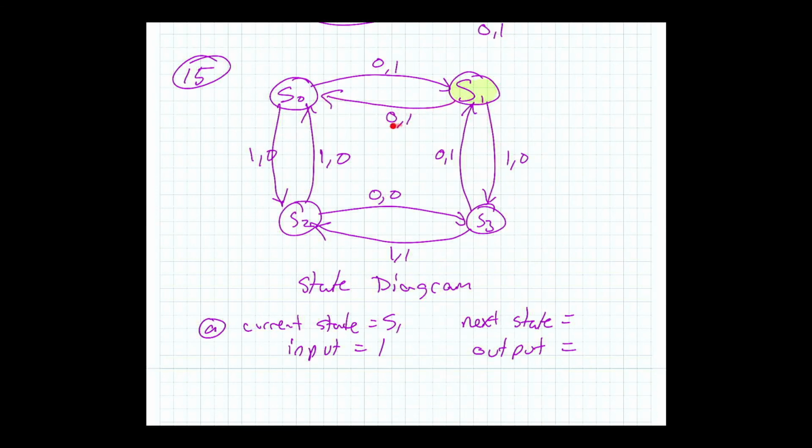This one is labeled 0, 1, and this one is labeled 1, 0. So the first digit is the input. If the input is 1, then this is the correct arrow because this has input 1, and this is input 0. So if you follow this arrow, input 1, output 0. So the output is 0. And also, you're going from here to here, so the next state is S3.